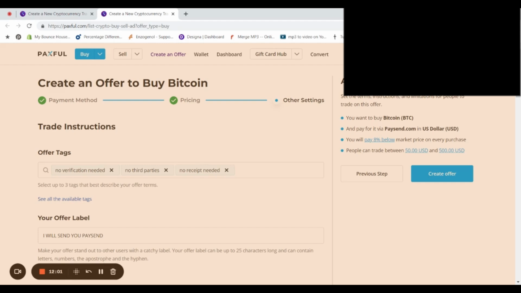First, verify. We've already spoken about this in the previous video, but you want to make sure your account is registered and fully verified with the payment method you choose. Maybe Skrill is a popular one, or PayPal, just to give some examples. Once you have the account fully verified and you're able to send and receive money in that payment method, then you want to set up the ad, the buy ad and the sell ad.